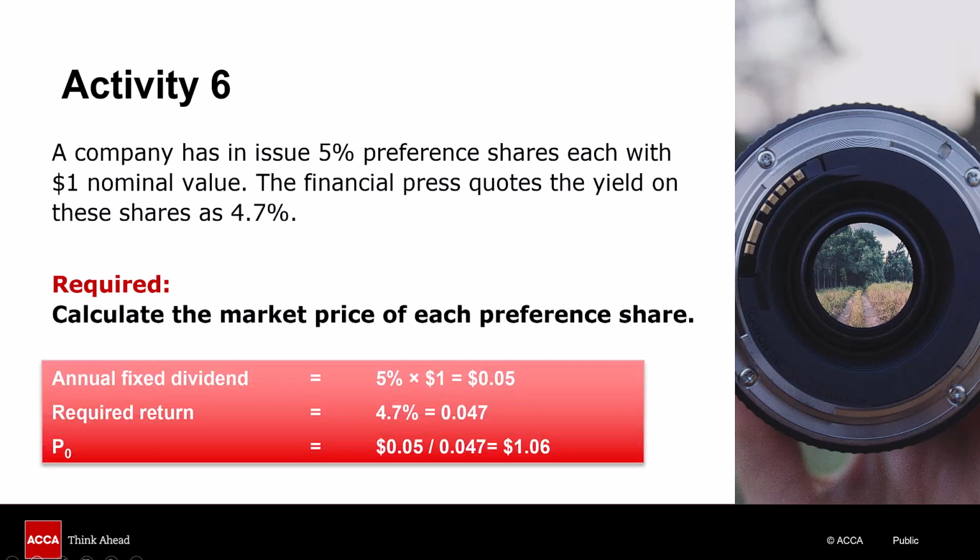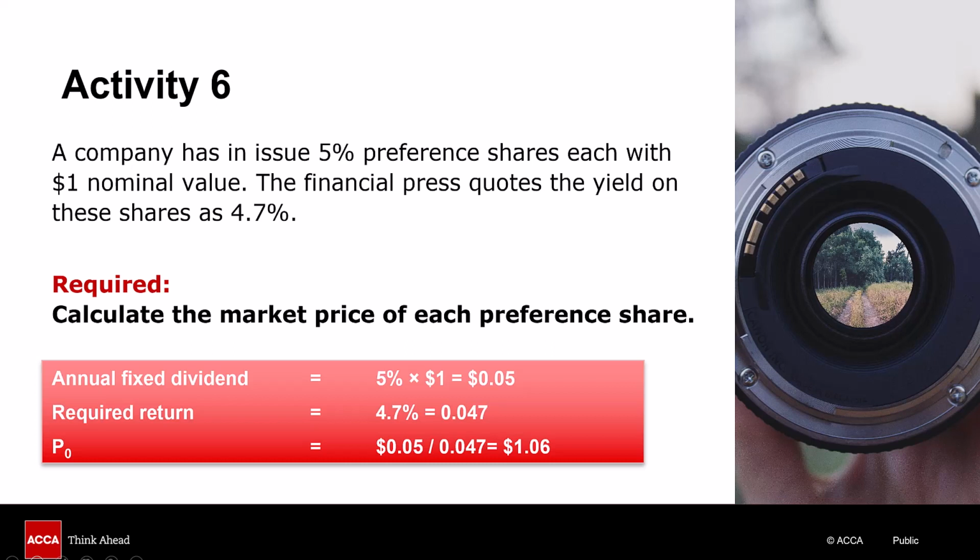You first of all calculate the annual fixed dividend, and that will be 5% of that nominal value, which is 5 cents, or 0.05 of a dollar. You should always put it into dollars, as cents make no sense. The required return of 4.7% needs to be converted to a decimal, and that's 0.047.